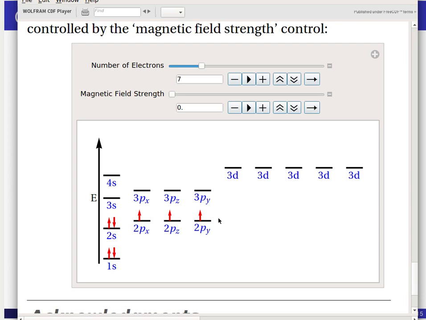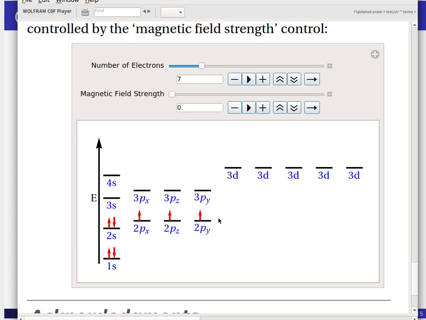And we can actually understand this by going back to our housing analogy as well. If you have an option of either moving into a house and sharing a room with a roommate or having your own separate room in the house, you can imagine it's going to be a lower stress, lower energy environment if you choose to take a separate room. Well, it's the same thing with electrons.